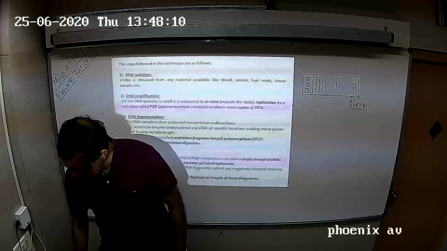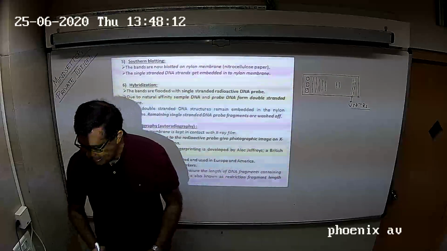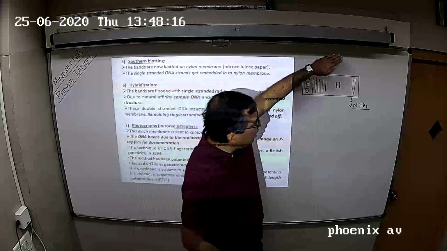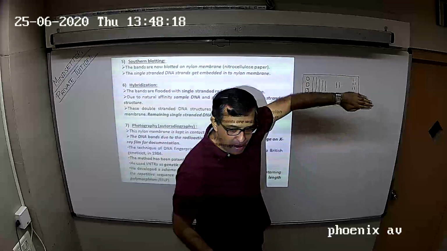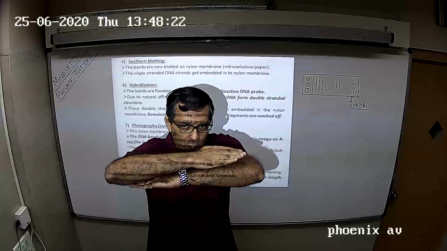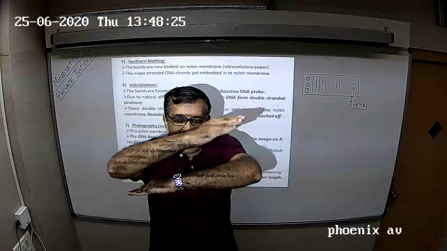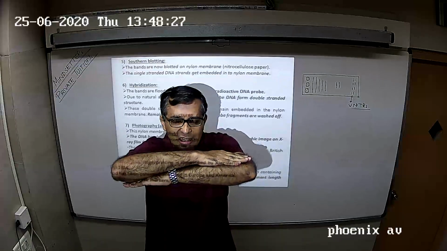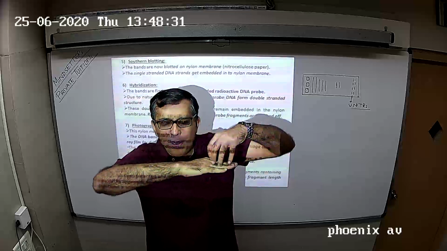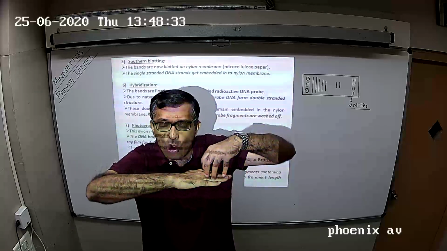Now that we have done this, what do we do next, sir? Sir, इस agarose gel के ऊपर we put a nylon membrane or a nitrocellulose paper. तो nylon membrane या nitrocellulose paper डाल दिया जाता है, उसके ऊपर टिश्यू पेपर रखते हैं. Tissue paper is extremely hygroscopic.